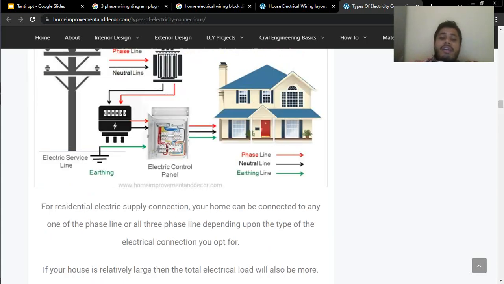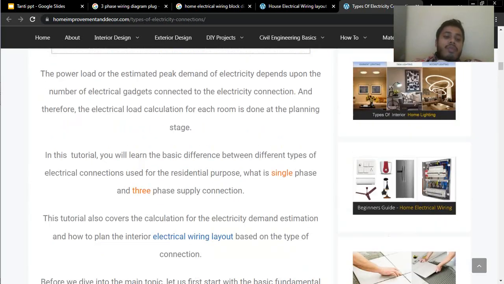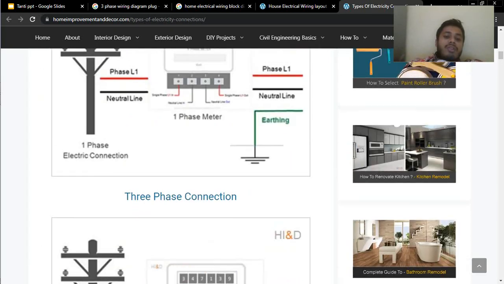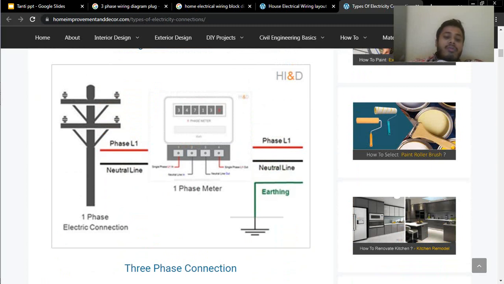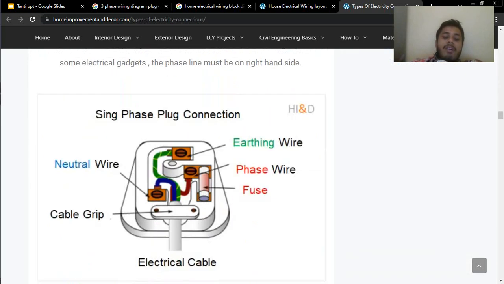While you connect your energy meter, let me show you how we are using it. First, here is the neutral bus. Before that it has been connected, and then the red wire is here on the right side. The phase wire is on the right side, this is our neutral wire, and this is our earth connection.